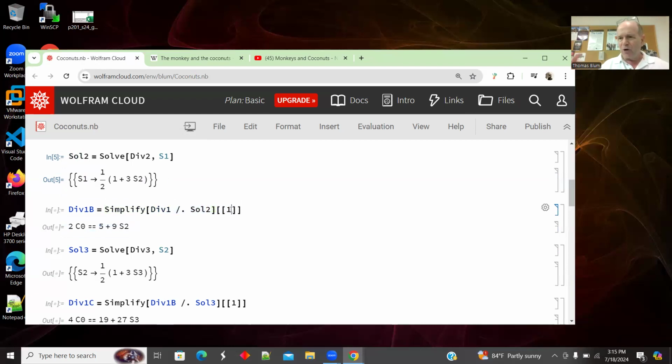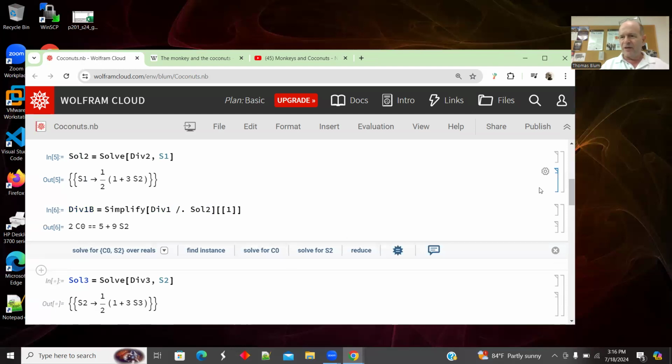It's in some more complicated structure, and I'm just grabbing the content, which is this square bracket 1. Okay. So I solved division 2 and substituted into division 1, and now I've called it division 1b. It's that top equation, but with a substitution.